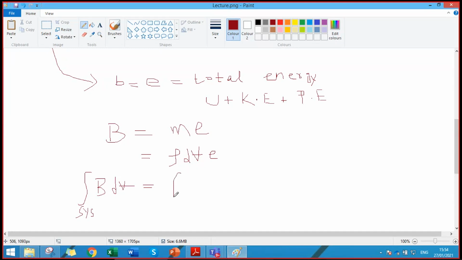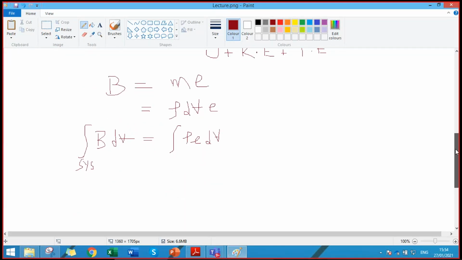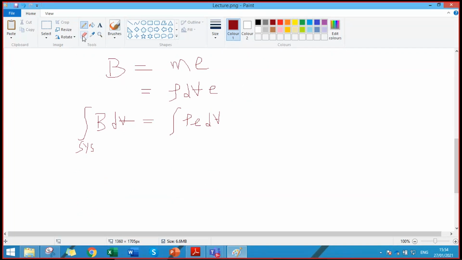This would be basically integral rho e dV. And if I write it in the form of the Reynolds transport theorem, I would have B system.